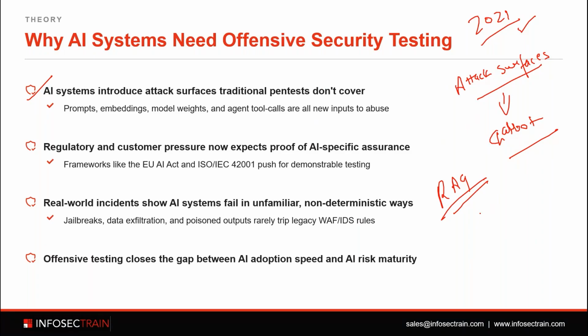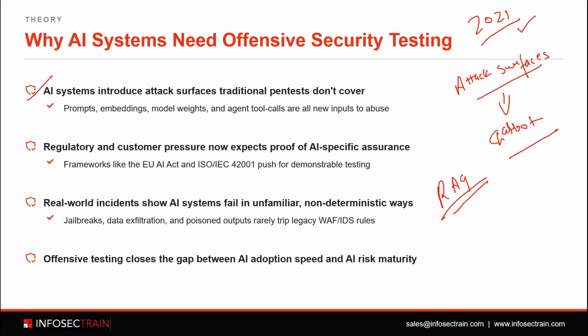So unlike traditional software, AI systems introduce unique risks like prompt injection, model manipulation, hallucination exploitation, and lots of permissions if your model has them, which is called excessive agency. So these risks cannot be fully addressed by conventional defensive measures alone. They require proactive offensive approaches, right?